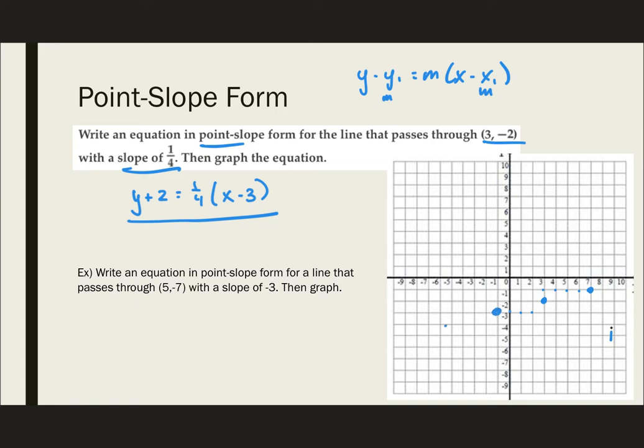There it is. And I draw my line. And that's it. So with point-slope form, you take your information, you plug it into the equation, and then when you're graphing, you graph the point you're given. So this would have been (3, -2). You put the given point on the graph, and you go for the slope.